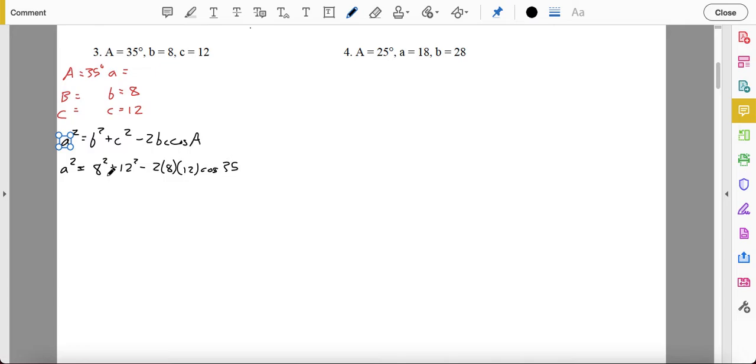The nice part about this version is that a squared is already isolated. All I have to do is simplify the right side and then take the square root.